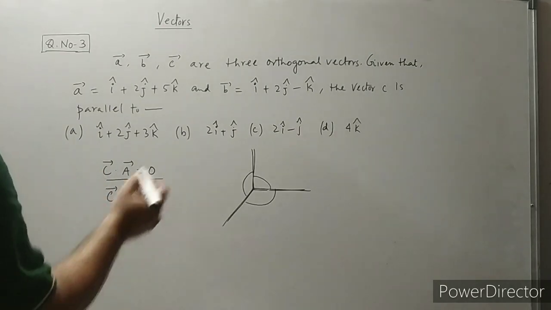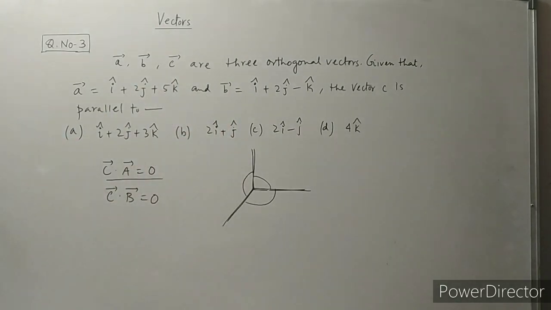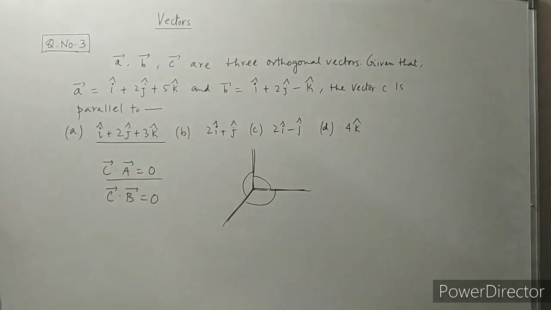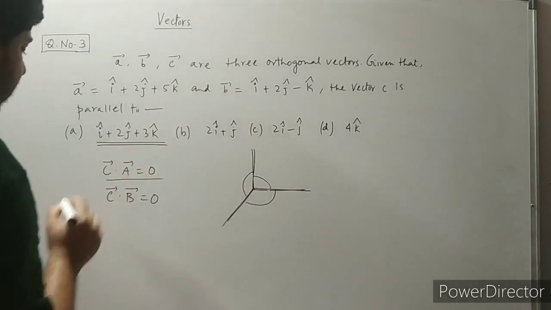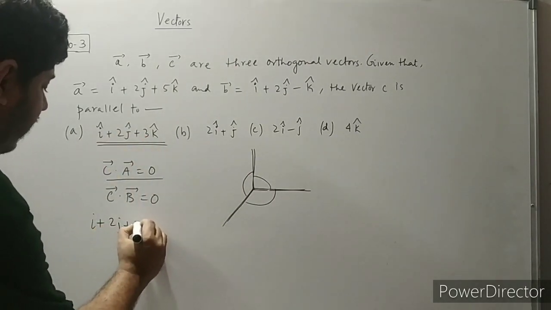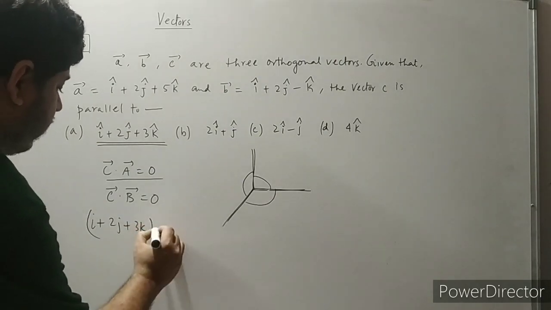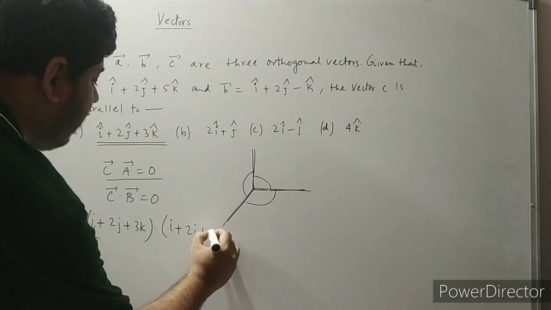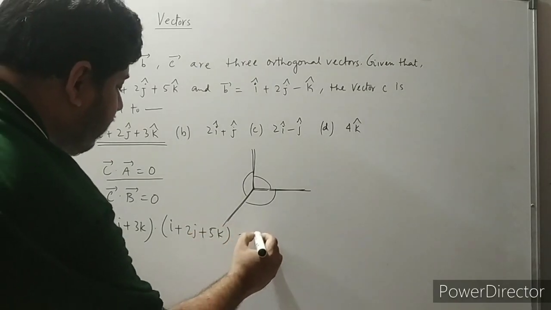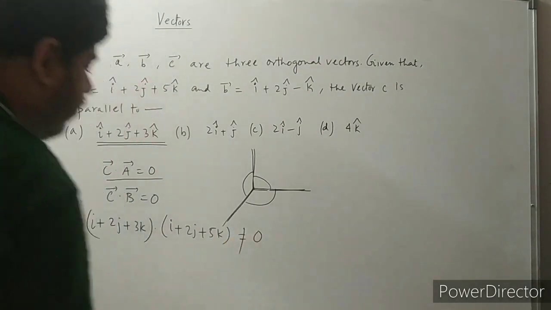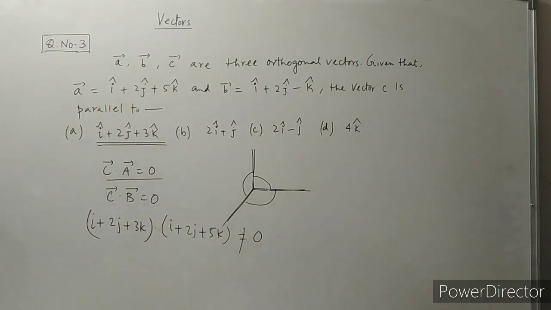By checking from the options, you can directly get it. First take this as our C. If C is i plus 2j plus 3k, dot A which was i plus 2j plus 5k, is it coming to 0? Not possible. It is not 0, which means option 1 will not be correct.